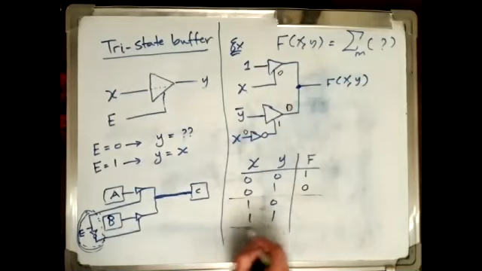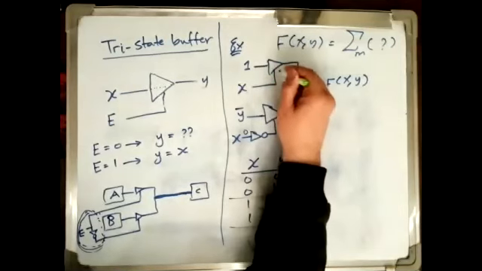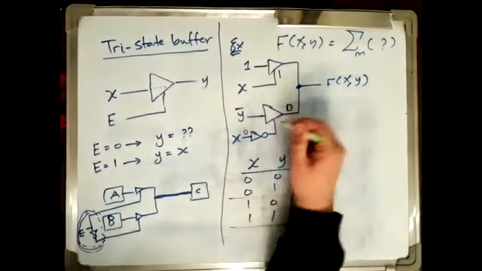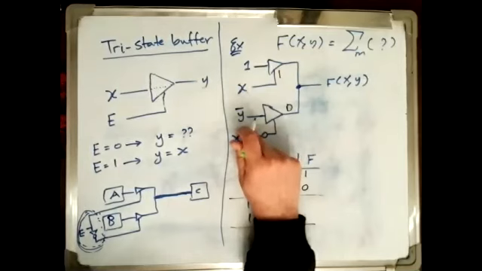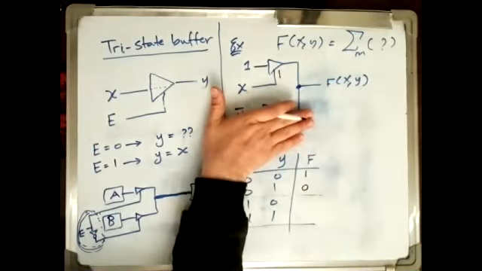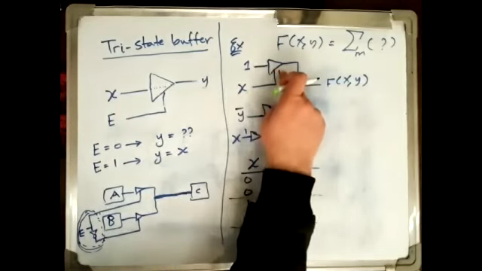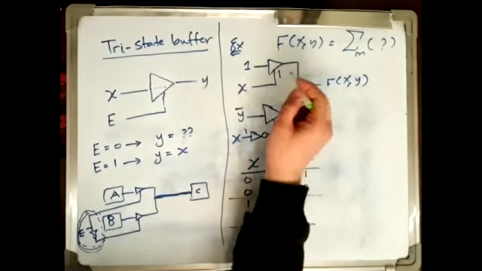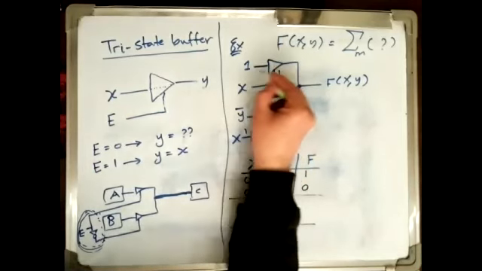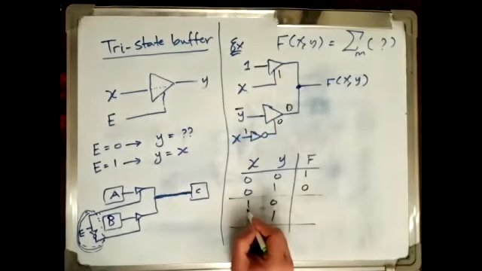Now the opposite happens in the rest of the combinations. When X is 1, this tri-state buffer is enabled, and this tri-state buffer is disabled. So we don't care about this buffer. We need to look after the top buffer. So now when X is 1, 1 passes through to F. So what will be the function when the input is 1, 0?